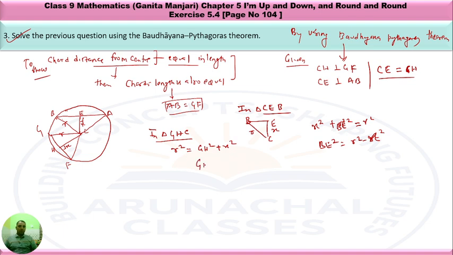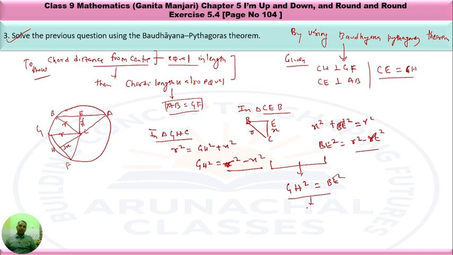So it will be GH square equal to r square minus x square. So here in both the cases r square minus x square, so I can have the comparison, they will get cancelled out and remaining will be GH square is equal to BE square.